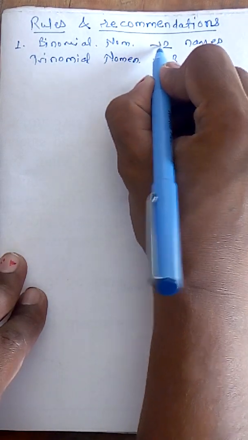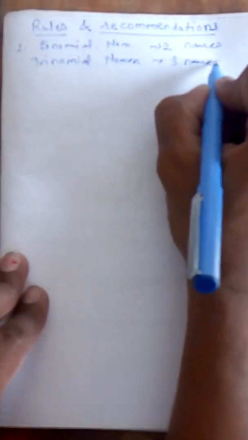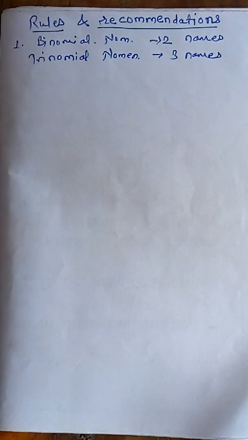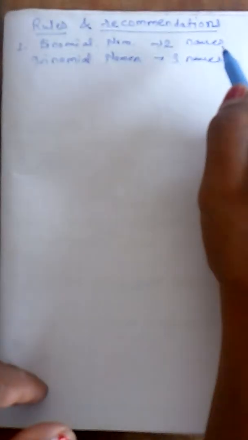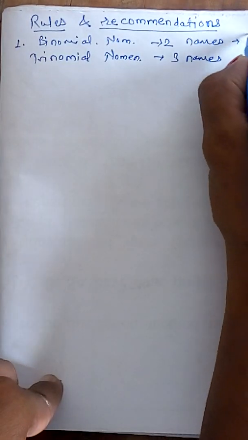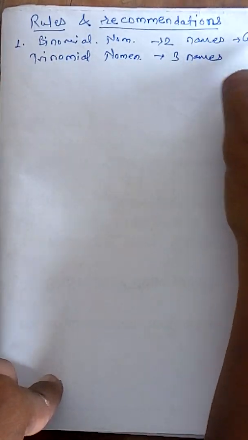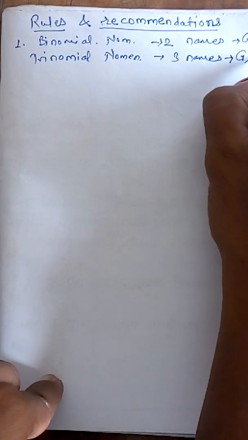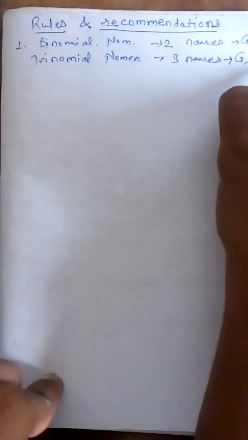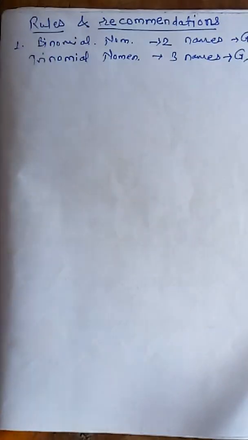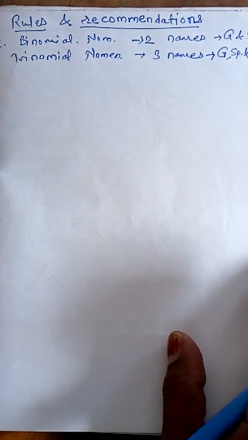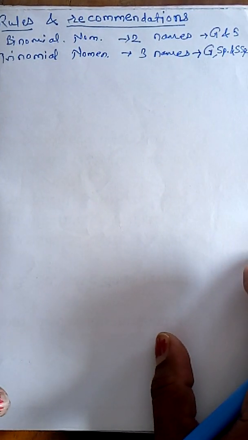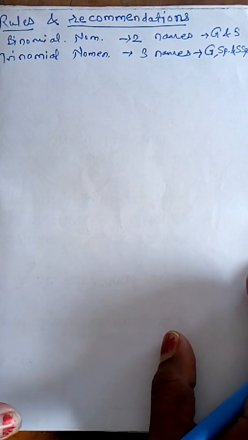So here we are considering three names. In binomial nomenclature, two names means genus and species. Three names means genus, species and subspecies. So these are the three different names which are included here: genus, species and subspecies.